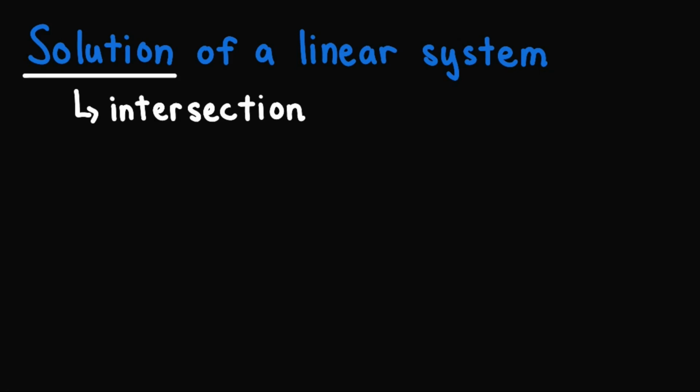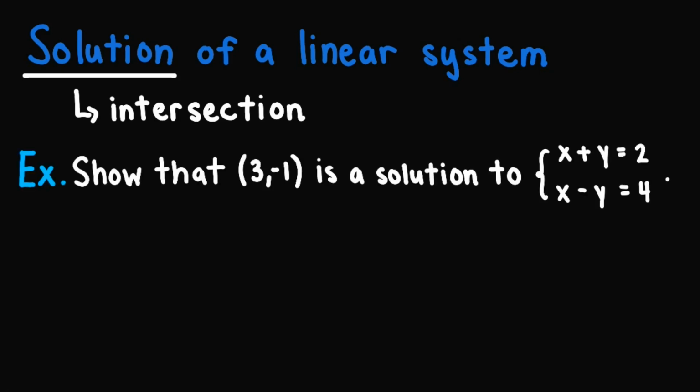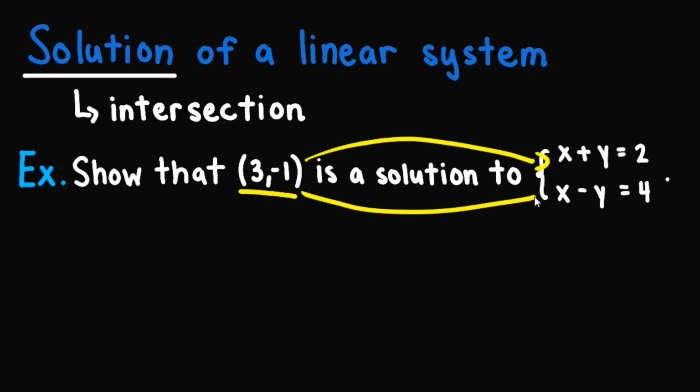So for example, show that the point (3, -1) is a solution to this given linear system. So how do we solve this one? What we do is we simply plug in this given point to each equation.